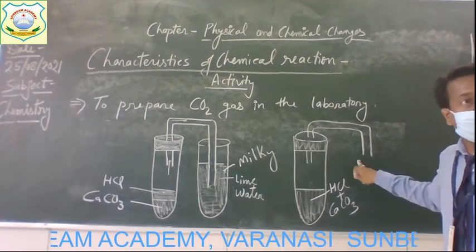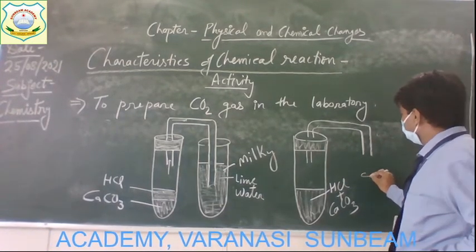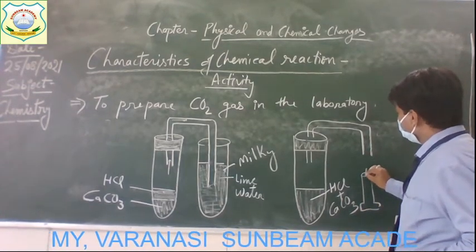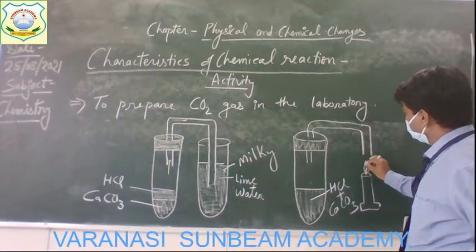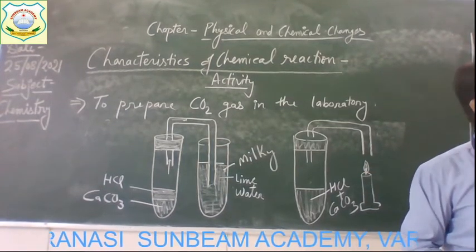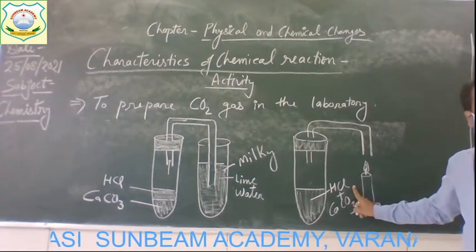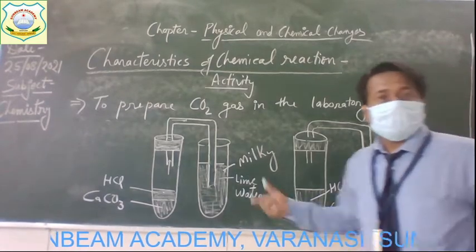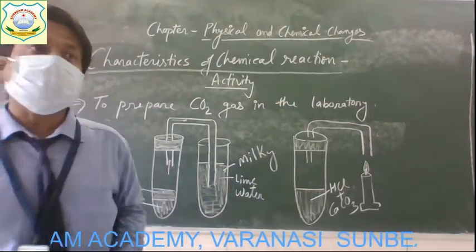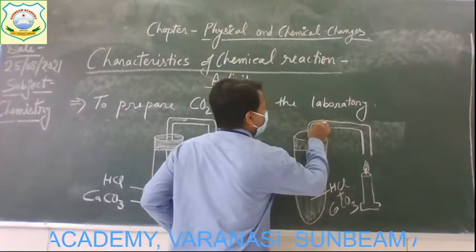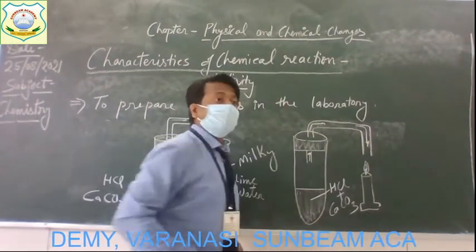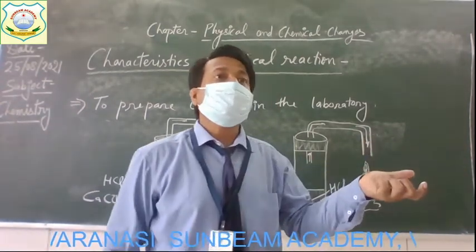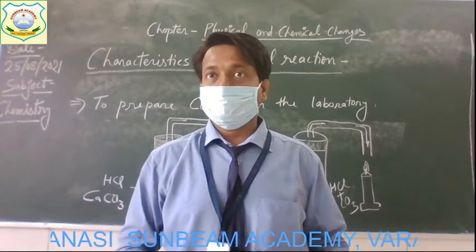Below the mouth of this tube, we will put a burning candle. Get it? What will we place? A burning candle. As this reaction starts here and carbon dioxide gas starts producing, it comes through this tube, and when this gas comes to the flame of the candle, what happens to the flame?